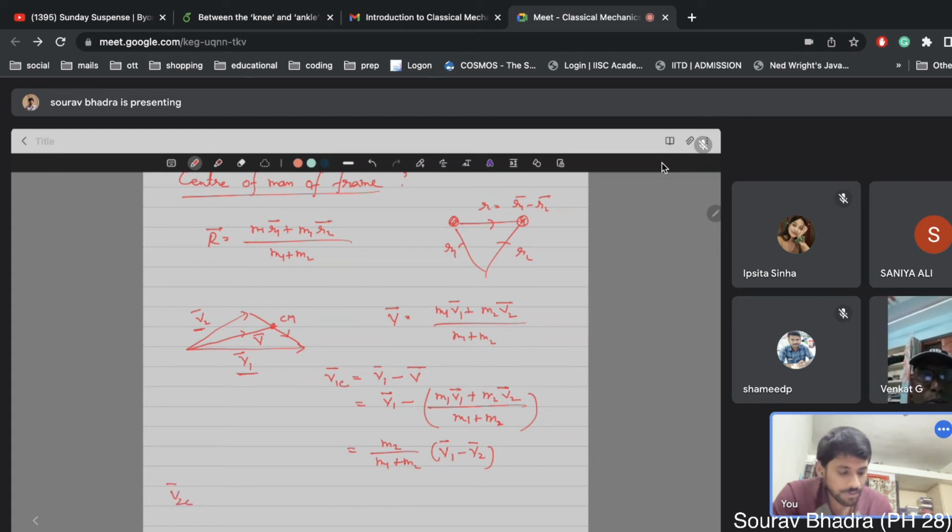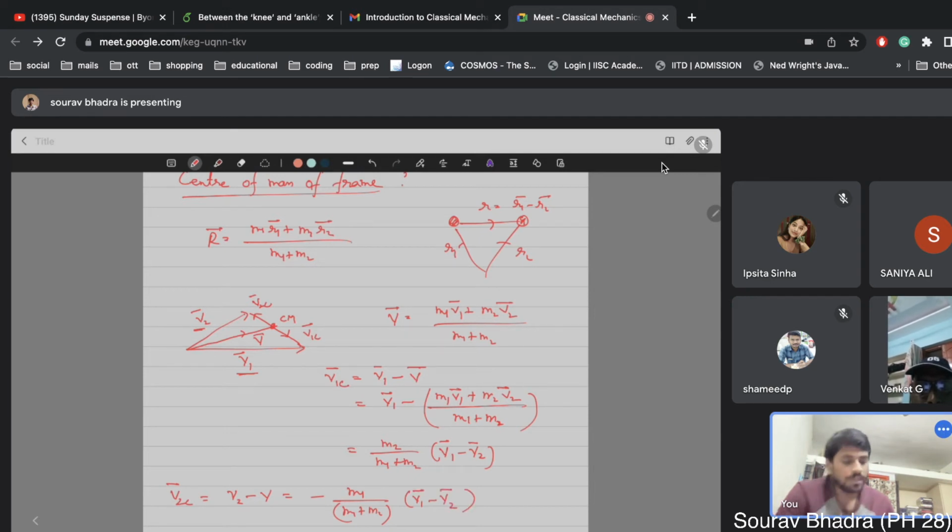Similarly, if we want to calculate the v2c, this is the v2c and this is the v1c. So your v2c will be v2 minus v from the geometry, so that will give you this, with v1 minus v2.